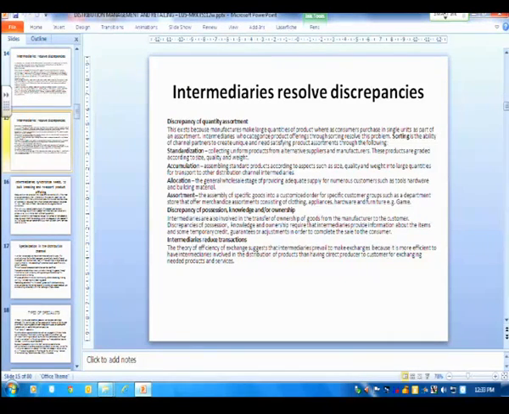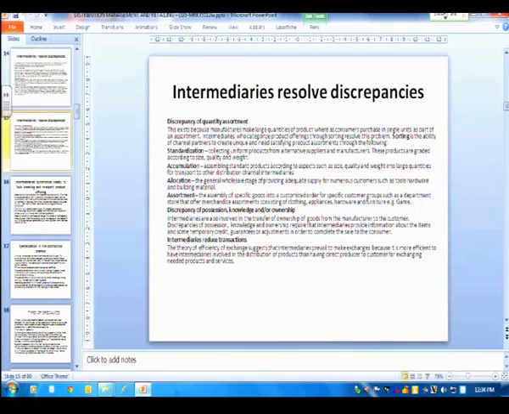And then fourthly, assortment: the assembly of specific goods into a customized order for specific customer groups, such as a department store that offers merchandise assortments consisting of clothing, appliances, hardware, and furniture. For example, Game. We know that if you go to Game, you can buy clothing, appliances, hardware, and also furniture.